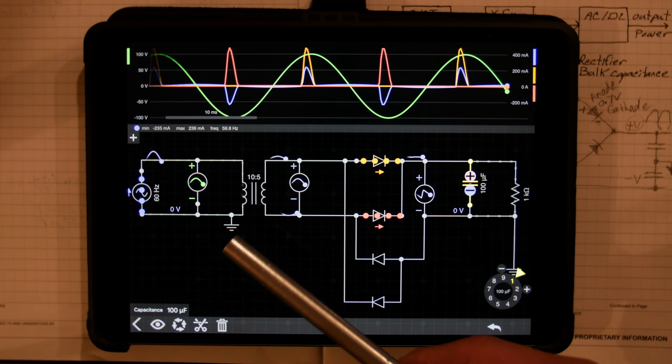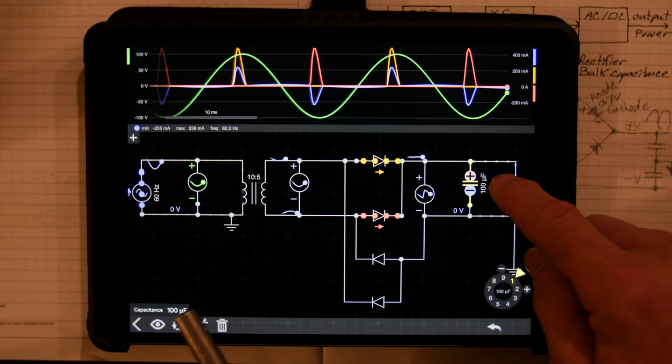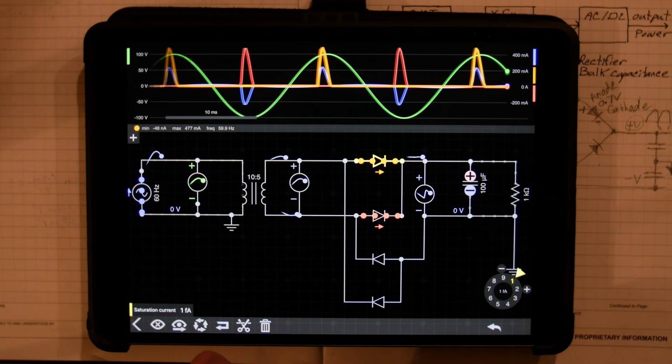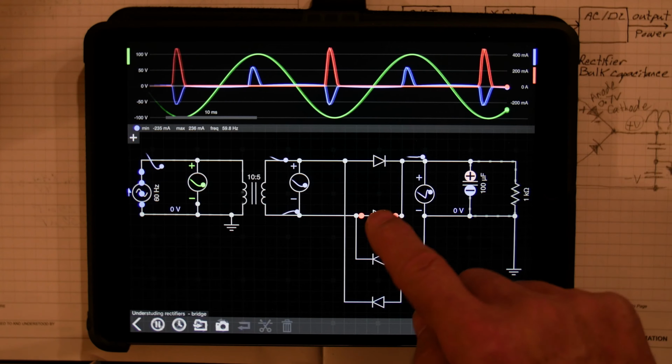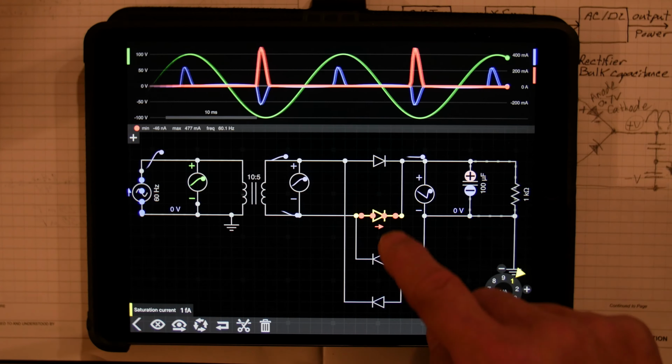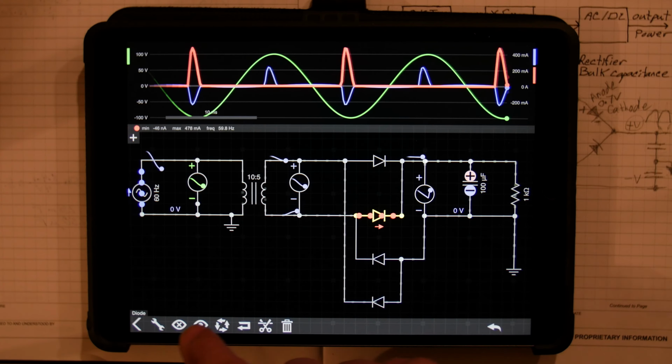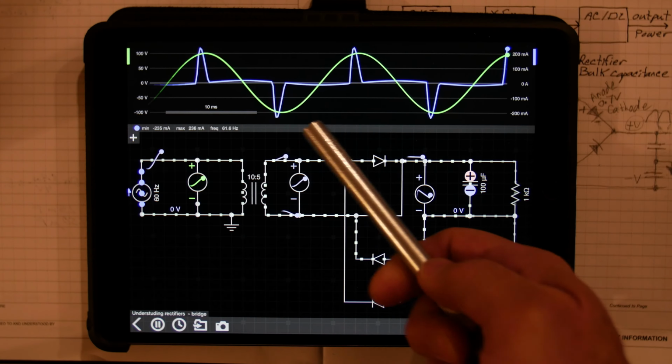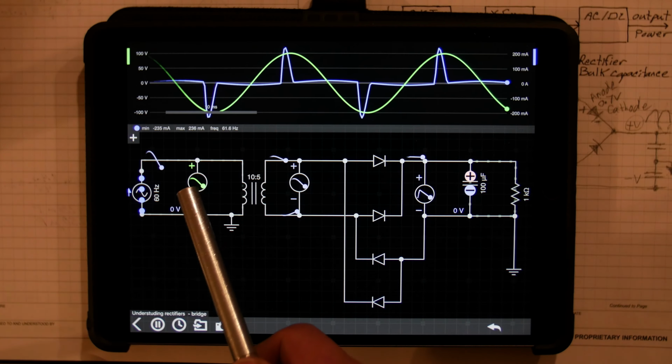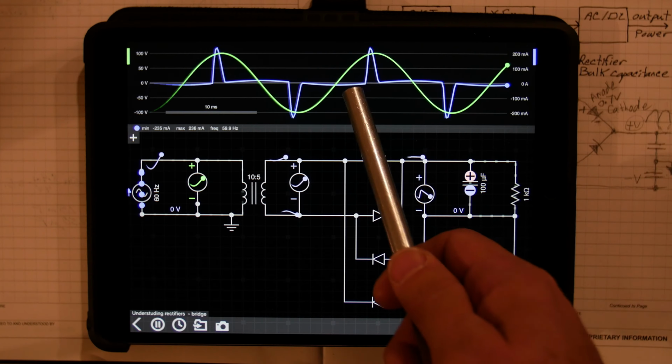Now, let's turn off the current in the diodes for a moment. Whoops. There we go. Okay, so now we're just looking at the input voltage and the input current.